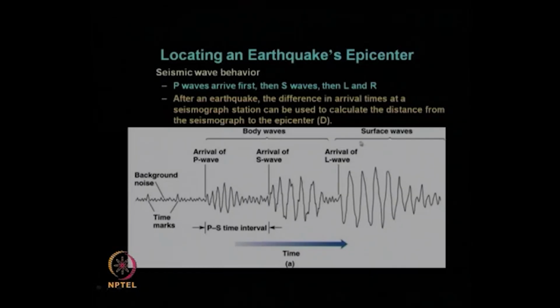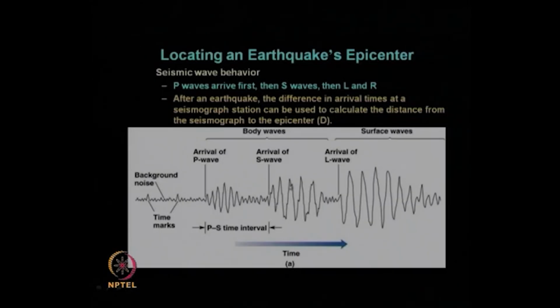But the surface waves' typical velocity is about 90% to 95% of that of the S wave. So, unless the seismograph station is far away from the epicenter, you will hardly be able to identify the distinct arrival time of surface waves like Love wave and Rayleigh wave.